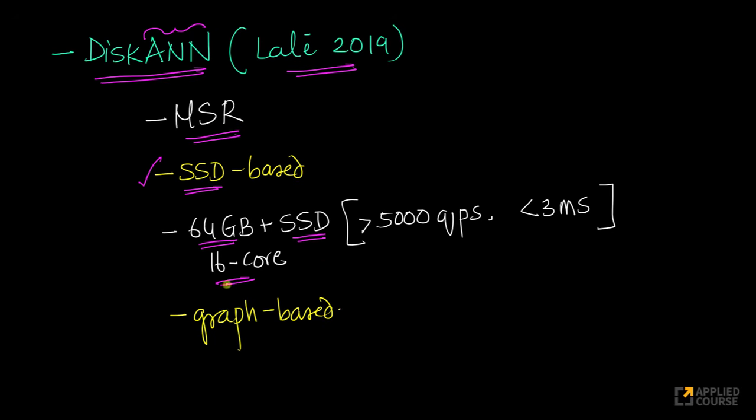One system with this configuration can handle over 5,000 queries per second for nearest neighbor search, and it can respond in under 3 milliseconds. And they use some very innovative graph-based strategies for computing this. I'll also provide a link to the paper which explains DiskANN in more detail.